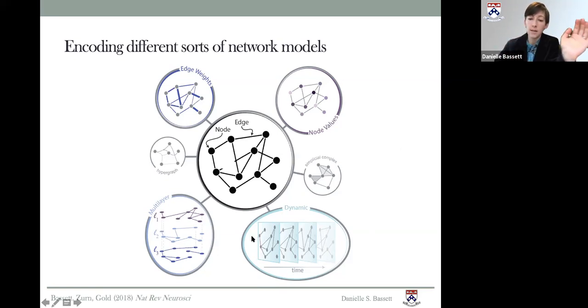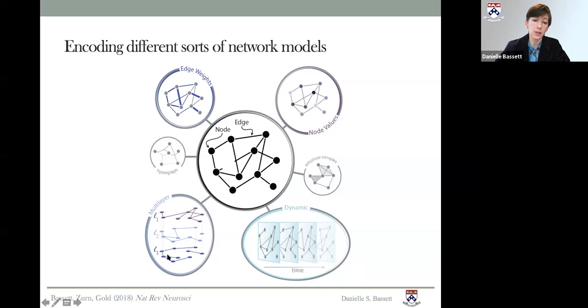This dynamic encoding of a network model can be very useful in the human brain for understanding learning, or development as kids grow from very young to young adults, or late aging, when a lot of brain function and brain structure changes as well. So dynamic networks are important over multiple timescales and can help us understand evolving processes in human brain organization and function.